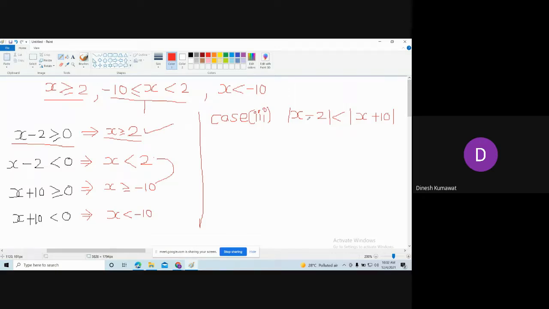In case number 3, we have this situation. We assumed that you consider this, x minus 2, to be a positive number, and you consider this to be the negative number. So here we have minus of x plus 10. So this gives me 2 times x is strictly less than minus 10 plus 2, which gives me minus 8. And here I have x is strictly less than minus 4.